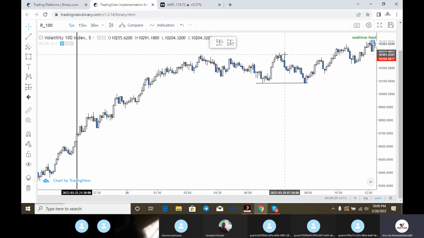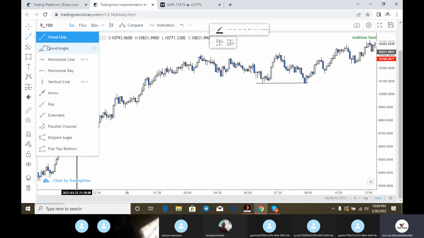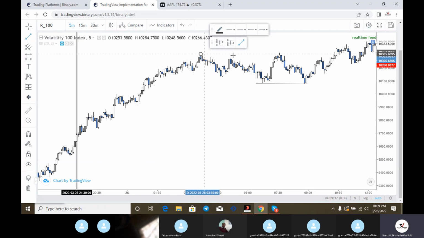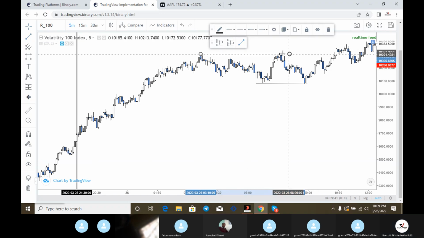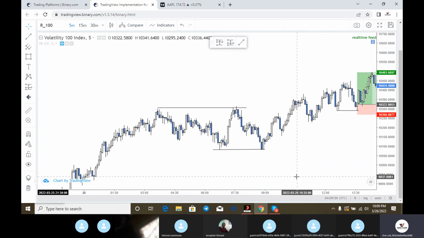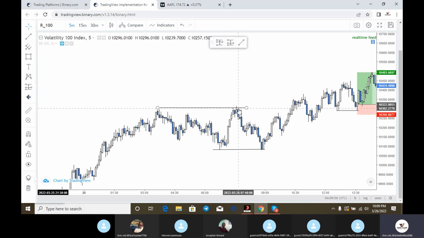Okay, so I wouldn't consider this as a break of structure because if we look at this very well, it was the wick that broke. Whenever the candlestick wick breaks, let me zoom in, please. I'm sorry, I'm digressing a little. Whenever the candlestick wick breaks a previous high, you wouldn't consider it as a proper break of structure.